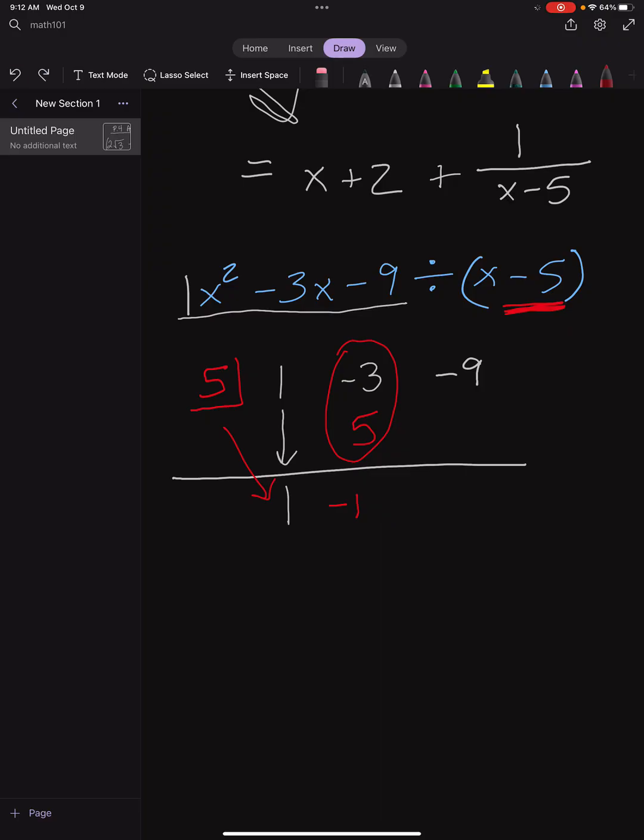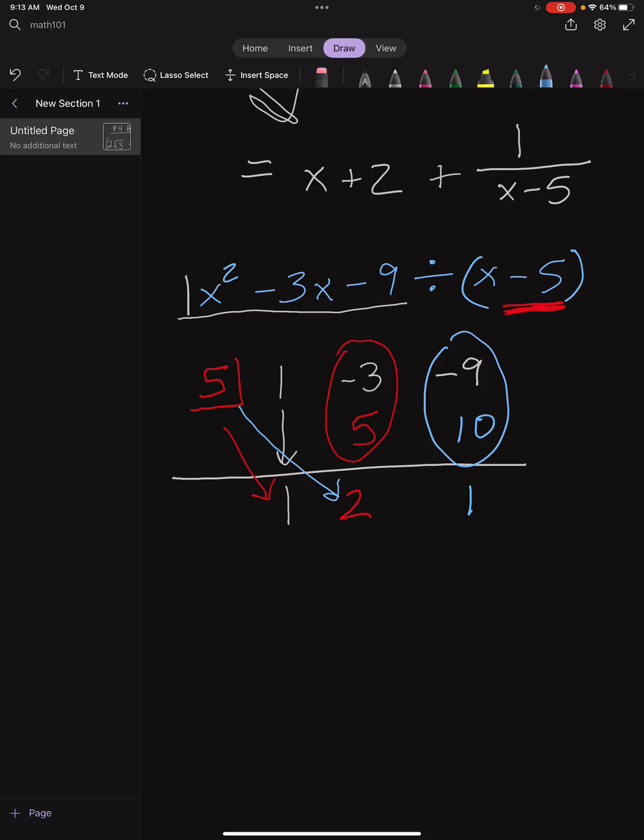Let's go back. I'm going to add negative 3 plus 5, and I get 2. And now I'm going to multiply 5 times 2 and get 10. Add negative 9 and 10 to get positive 1.